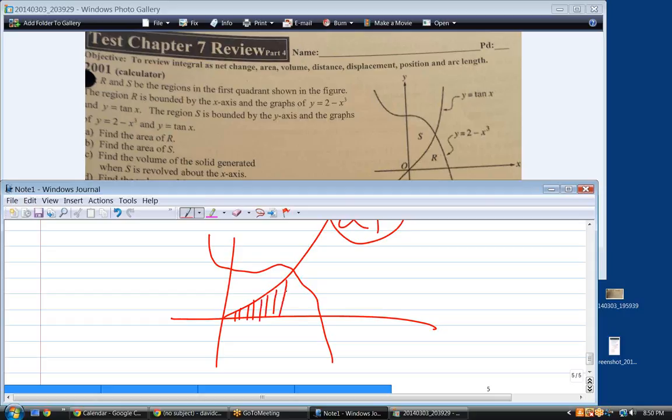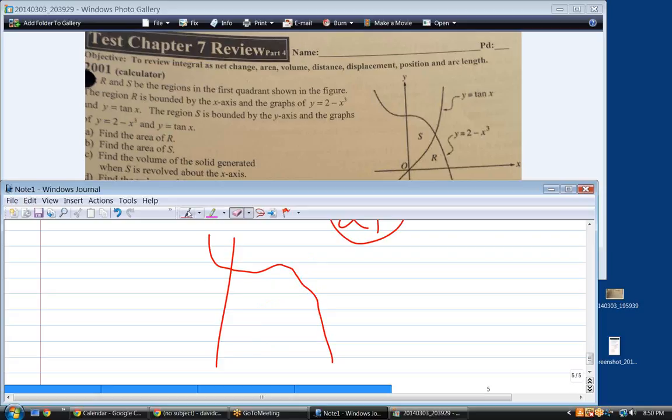In other words, we're using vertical rectangles up to that point, finding the area under tan of x between 0 and that intersection point. And then we calculate the area of the rest by finding the area under the curve of 2 minus x cubed from that point to that point. That's one way to do it. That's not the most efficient way to do it, however. Yeah, that's 2 steps.